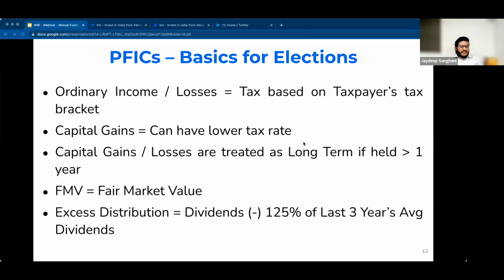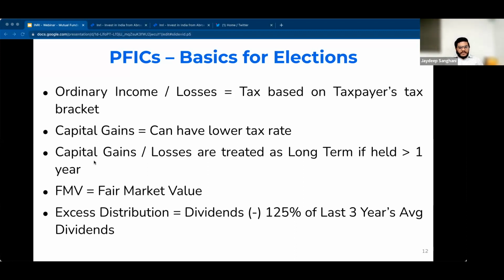FMV is fair market value. That is basically the listed price of your mutual fund in India. And excess distributions: excess distributions means dividends minus 125% of the last 3 years' average dividends. So excess distributions are relevant when we discuss 1291 taxation, or deferred taxation.